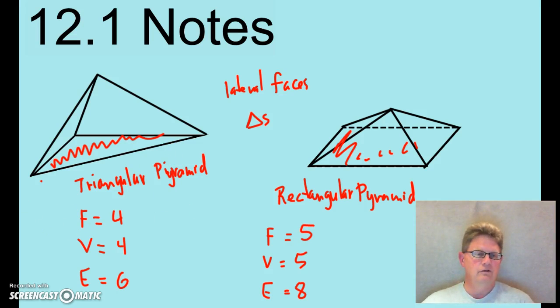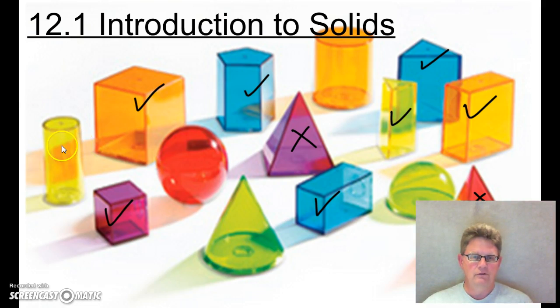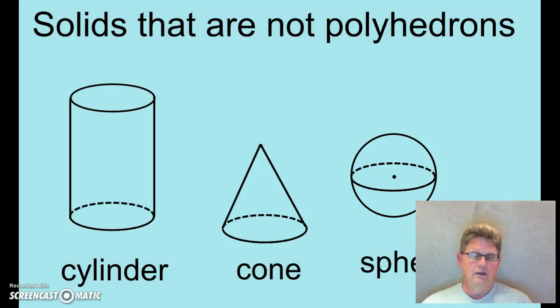All right, let's look at the ones from the front page that I did not check off. This, this, and this. What do all those have in common? Well, they don't have all polygons as faces. And those are the three most common that are not polyhedrons or polyhedra.